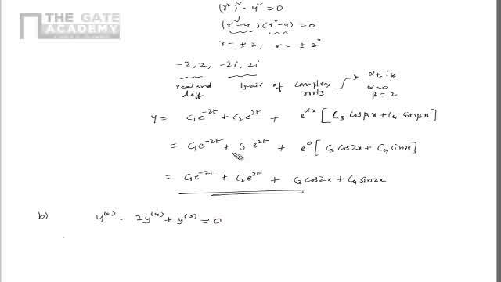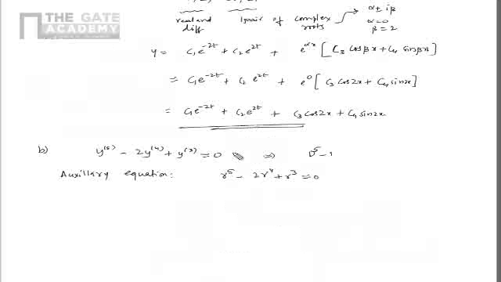Here the auxiliary equation will become r^5 minus 2r^4 plus r^3 is equal to 0, because we are working in terms of the D differential operator, D is basically called the differential operator. The entire differential equation can be written this way, so this has to be the auxiliary equation.